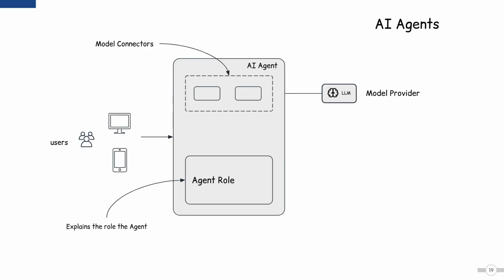And that's why you need to inform the agent about its role. And then obviously the agent needs to act on certain tools based on what the user is asking it to do. For example, this agent can be a scheduling agent, for example, scheduling an appointment with a doctor, right?